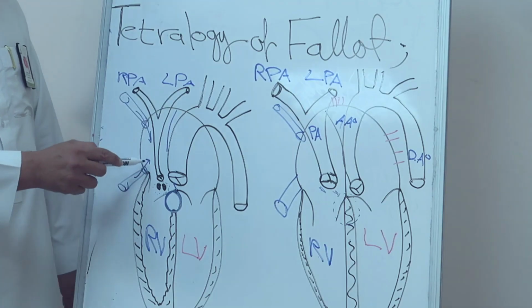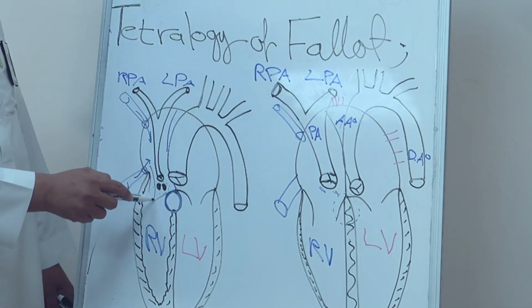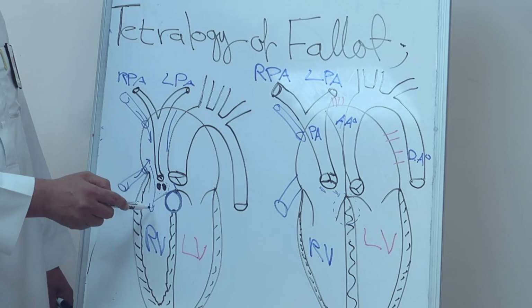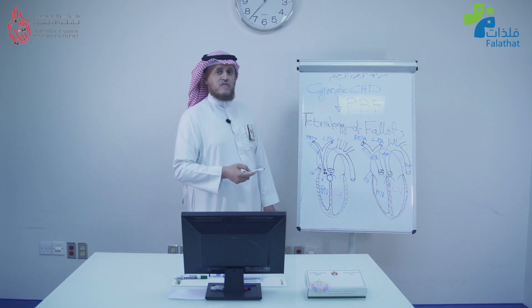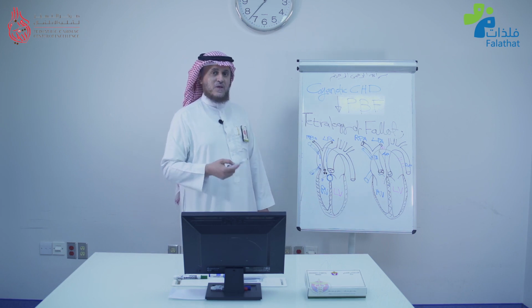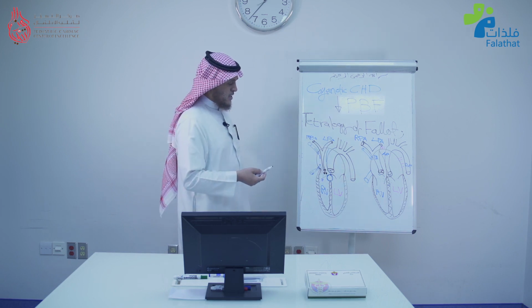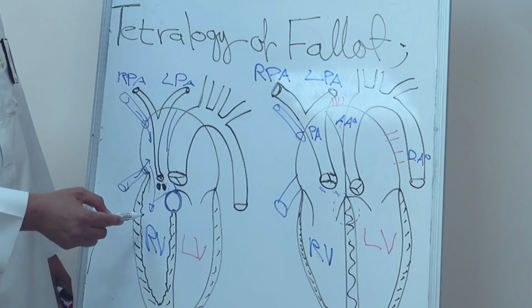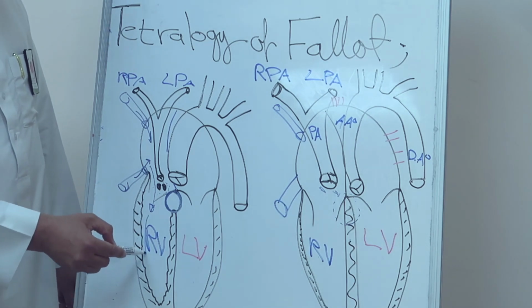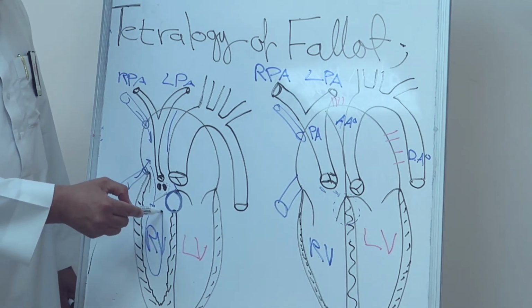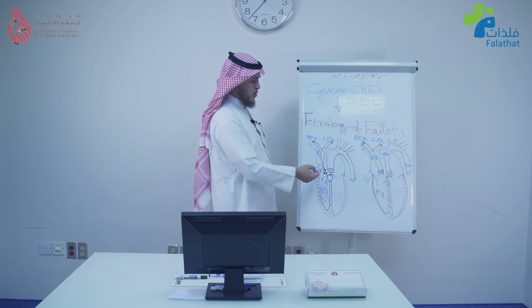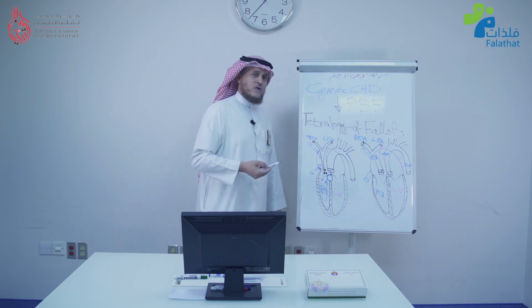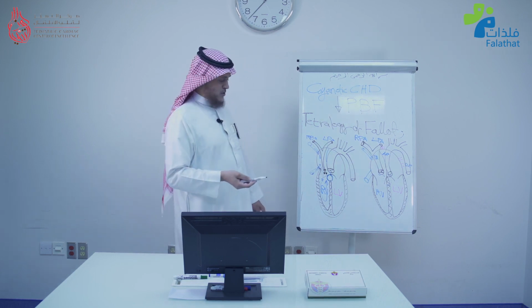Going through the tricuspid valve is also usually not an issue, because tricuspid valve abnormalities in Tetralogy of Fallot, though they can happen, are quite rare. And then the blood needs to go back up in systole to be pumped to the great vessels, the pulmonary artery and the aorta. So if you were the blood, where would you like to go?